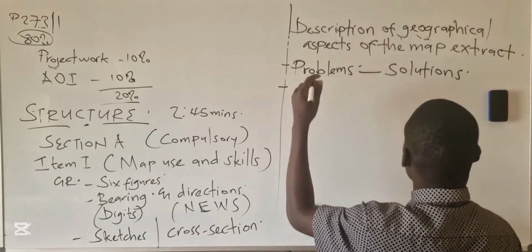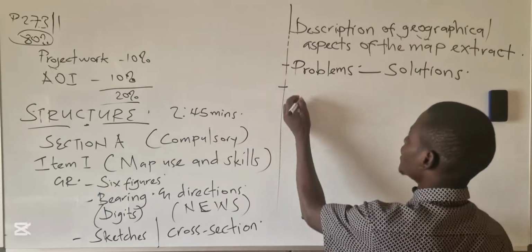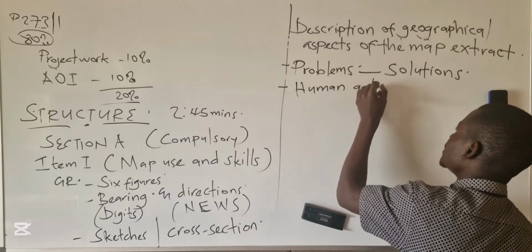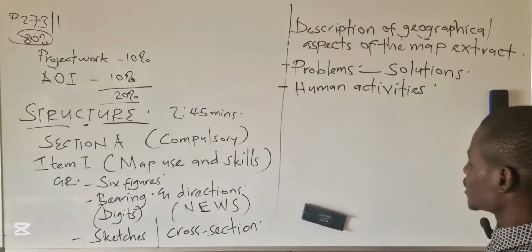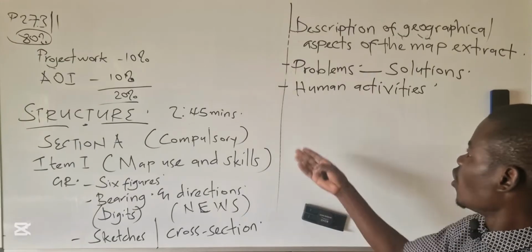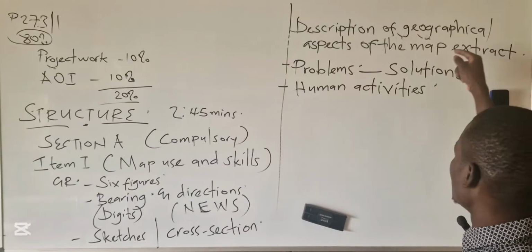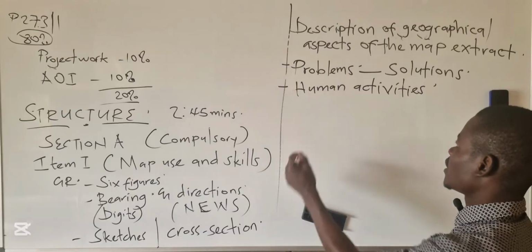So, still on the map extract, you can be in position to identify human activities. Of course, there are certain human activities or land use activities that can be identified on the map extract. There are very many.